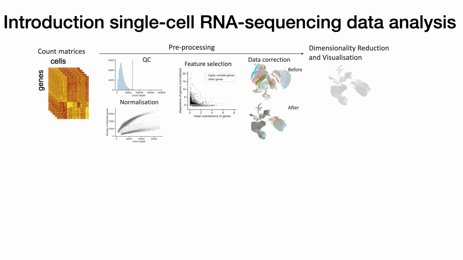Okay, and now we have to make sense out of this data, and we do this in the downstream analysis step, first by a clustering step. Yep. Okay, so clustering means we group the data.